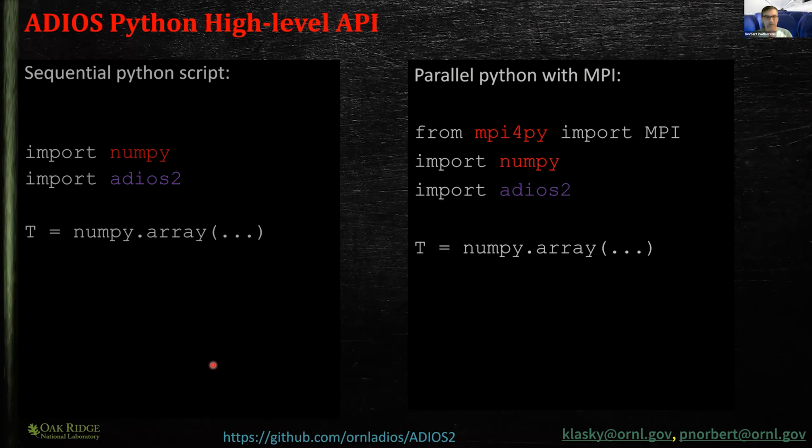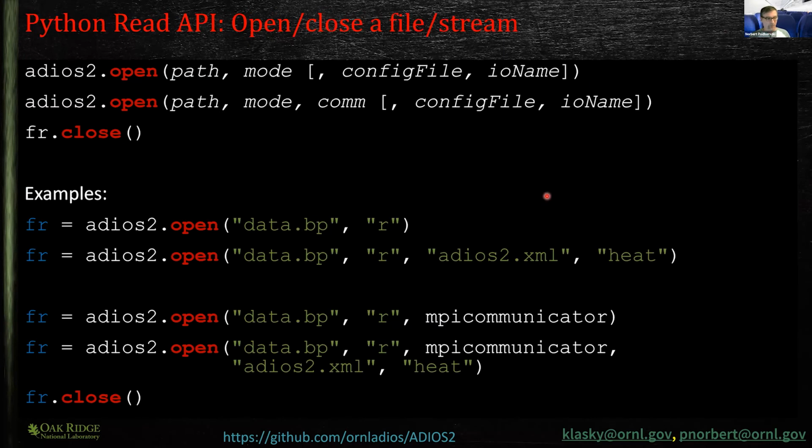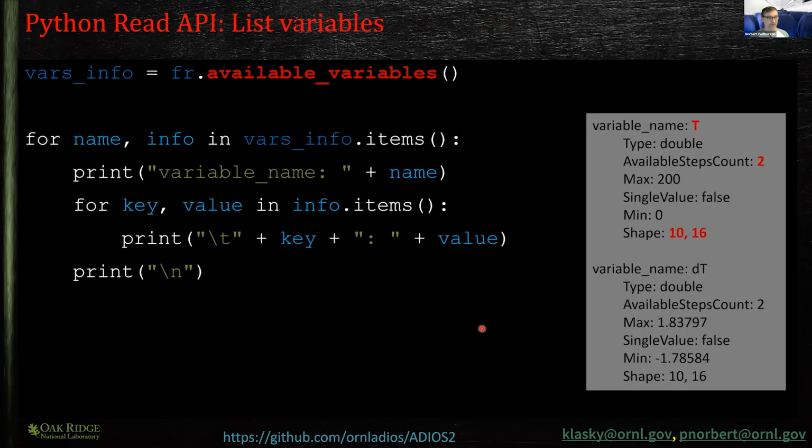And we have only 1 minute left for Python. The point is that you have to use MPI now. So we can use mpi4py together with NumPy and ADIOS to read in data. Once you open a file, you can pass the communicator just like in the C++ code to do parallel operations.